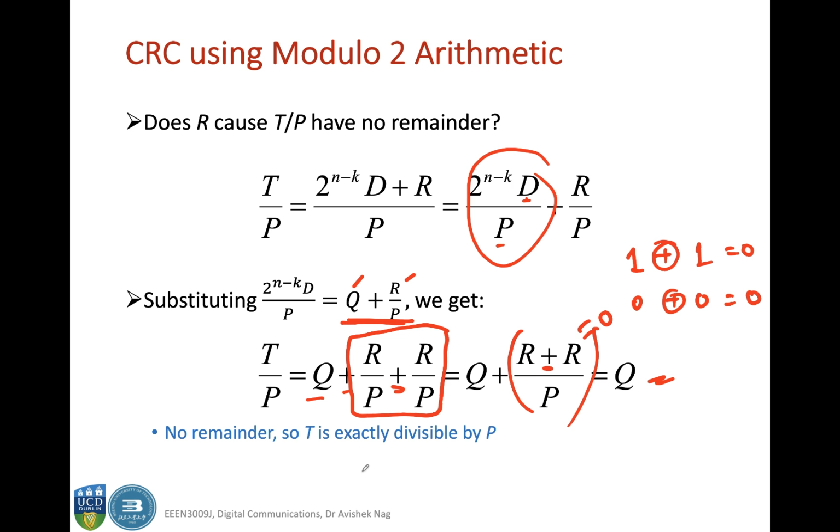Therefore T is exactly divisible by P if you set T equal to 2 to the power n minus k times D plus R, where R is the remainder when you do this.